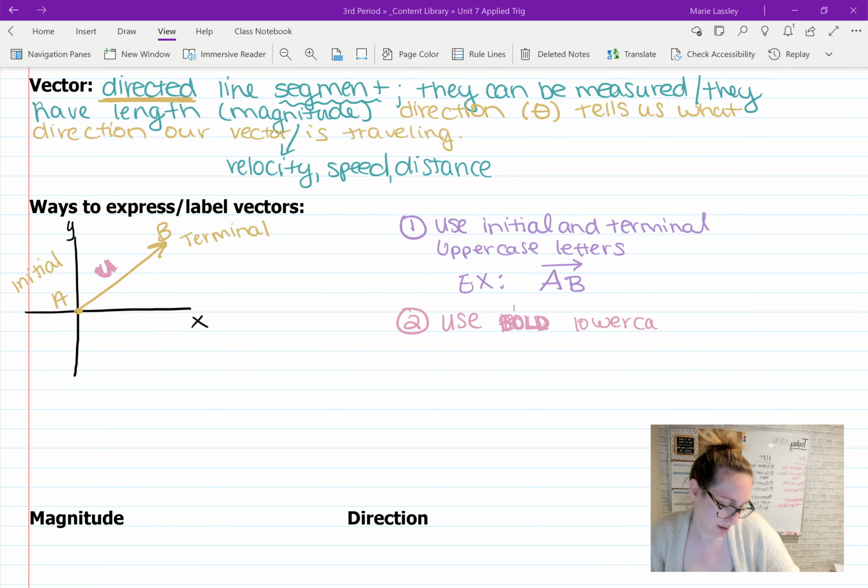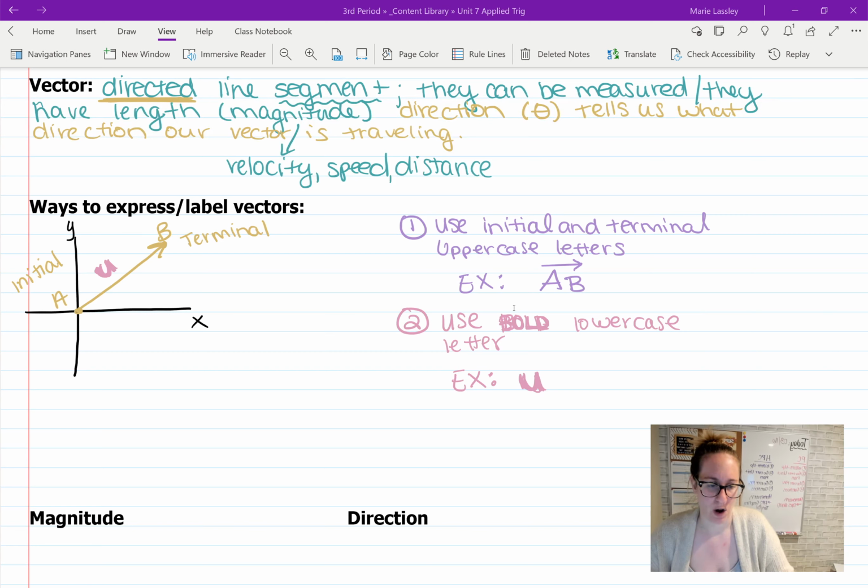There are some typical ones that are used. You see over there, that's a U. That is a very common vector letter to use. So for example, we have vector U. Other common letters are V and W. They tend to stay towards the end of the alphabet with vectors.